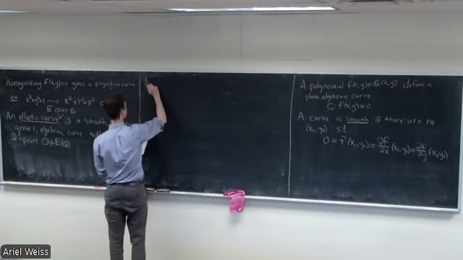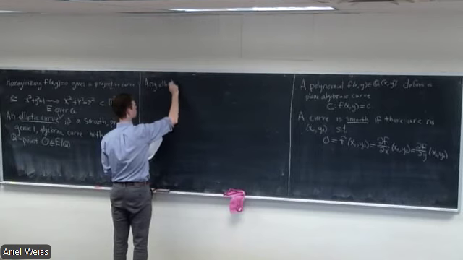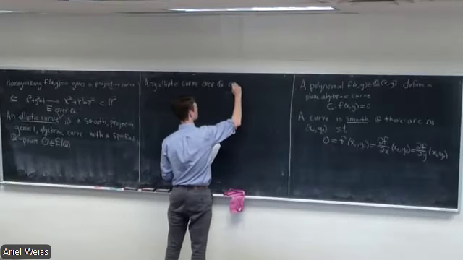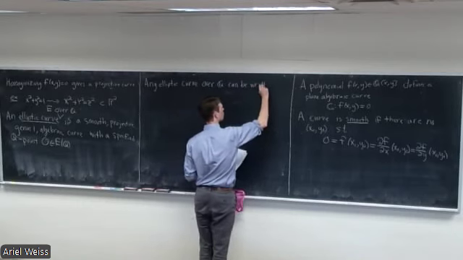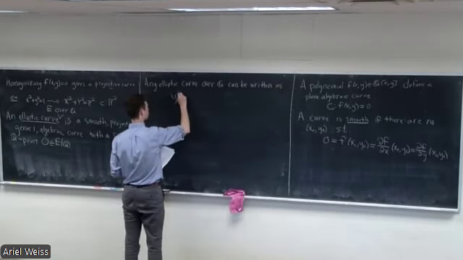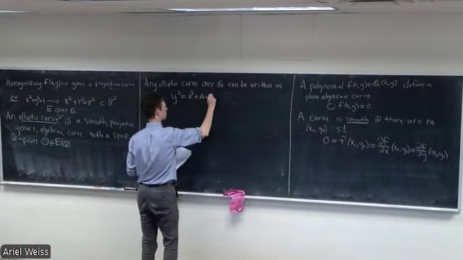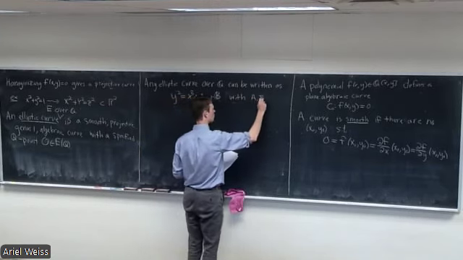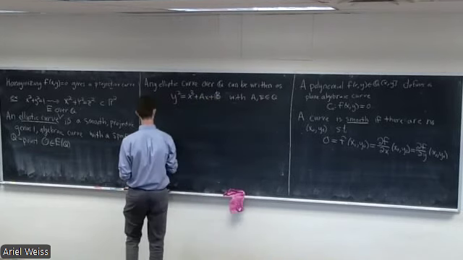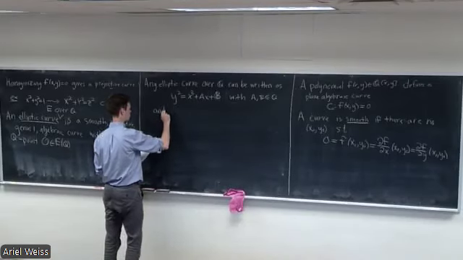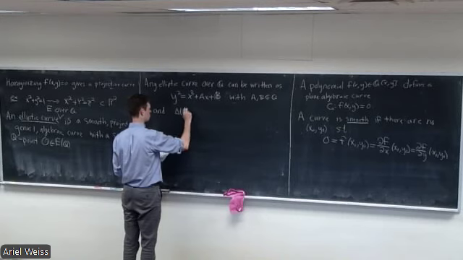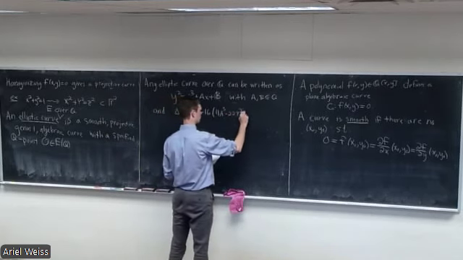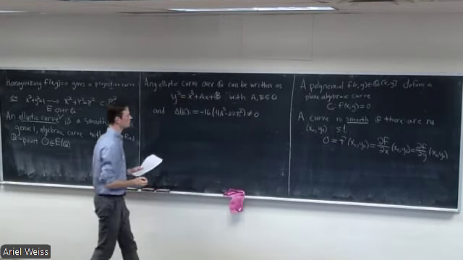And it turns out that any elliptic curve over the rational numbers can be written in this Weierstrass form, with non-zero discriminant.